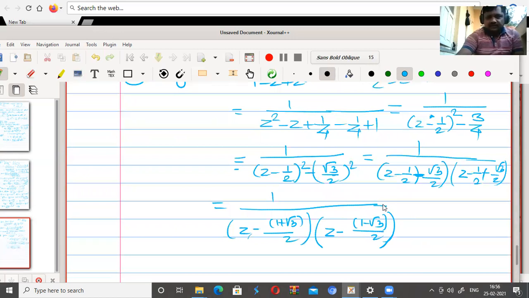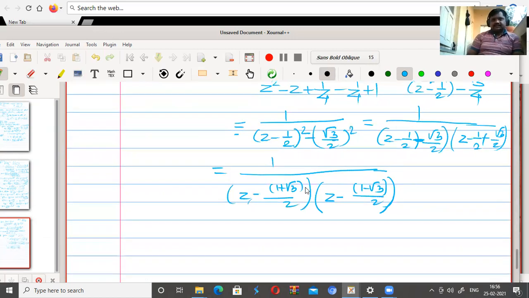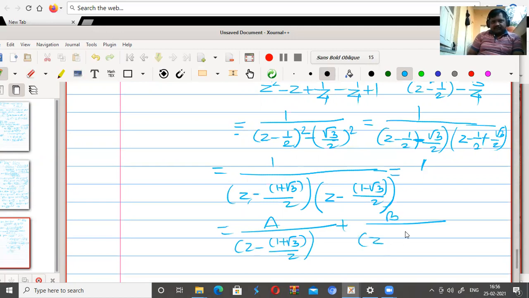It is like this. And now we want to write this as A upon (z minus 1 plus root 3 upon 2) in first bracket plus B upon (z minus 1 minus root 3 upon 2) in the second bracket.